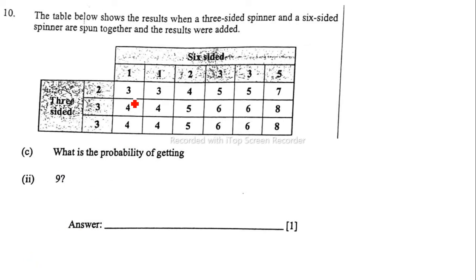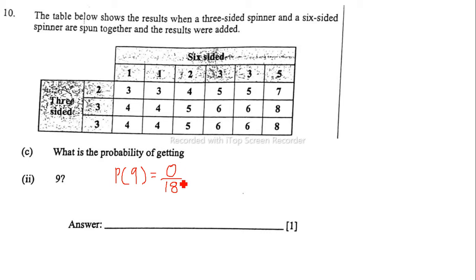If we look here carefully, 9 is not even a part of this. The highest number is 8. So the probability of getting a 9 is equal to 0 over 18. The reason I say 0 is because there is no opportunity for us to get 9. That event can't happen. So the number of elements inside that event is 0.